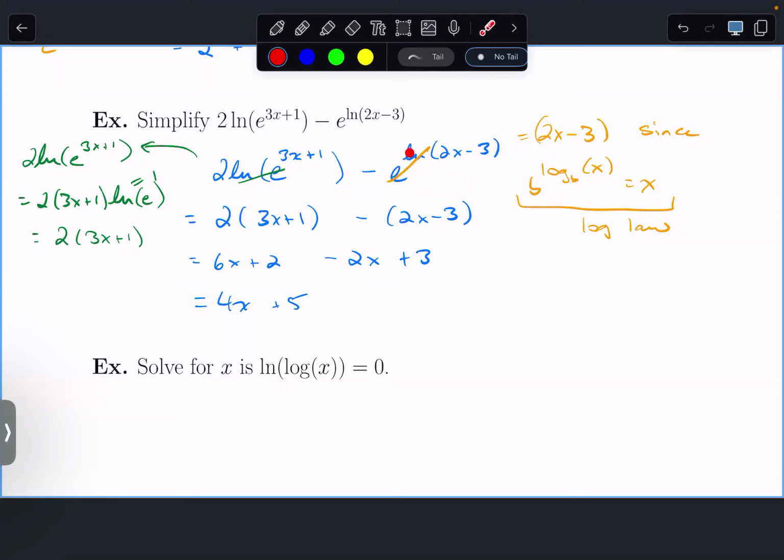I have e to the power of log base e. So then whatever's inside the log is going to drop down. So I'm just left with whatever's inside, which happens to be bigger this time, 2x minus 3, but it's just going to drop down and cancel. So effectively, both of these just cancel in 2 different ways.